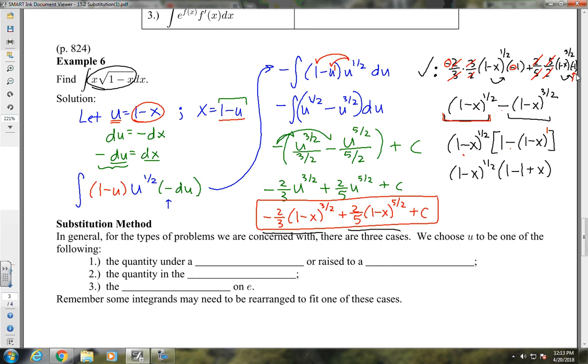The 1's cancel, and I have 1 minus x to the 1/2 times x. Remembering that 1 minus x to the 1/2 is the same thing as square root of 1 minus x, and if I want to sneak that little factor to the left, now this matches our original integrand, so we know that we found the correct antiderivative.